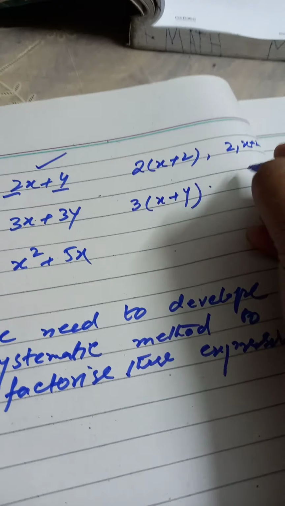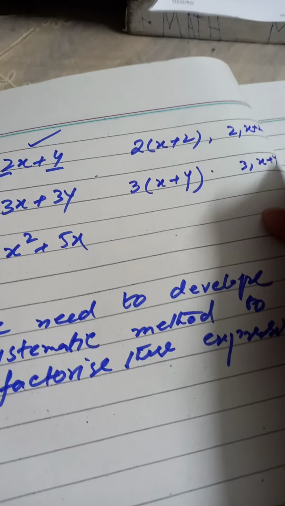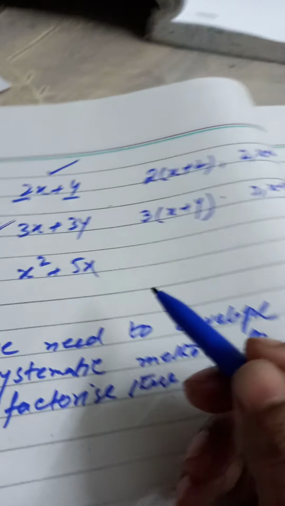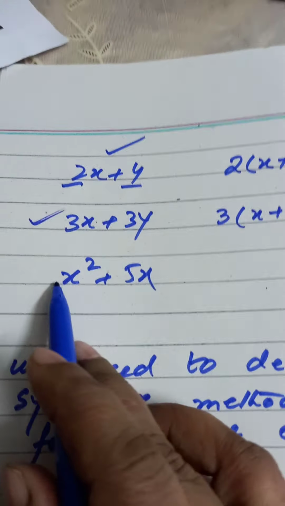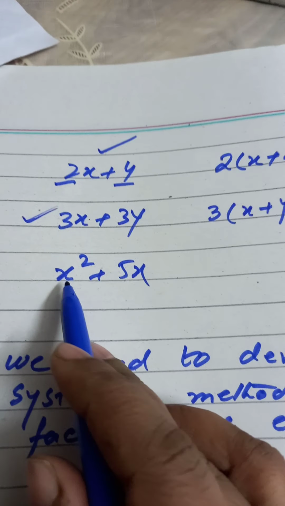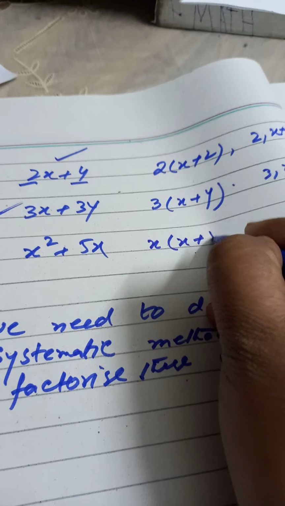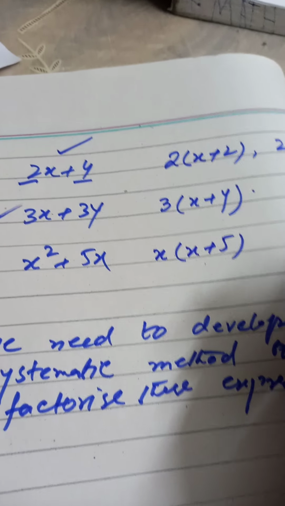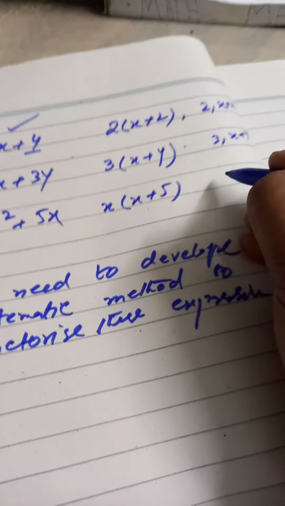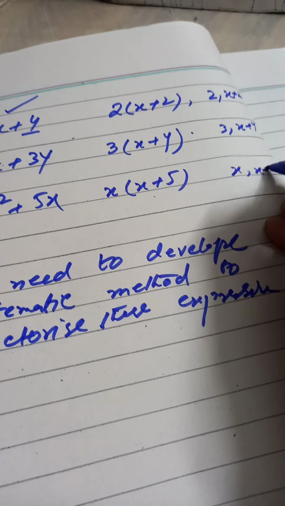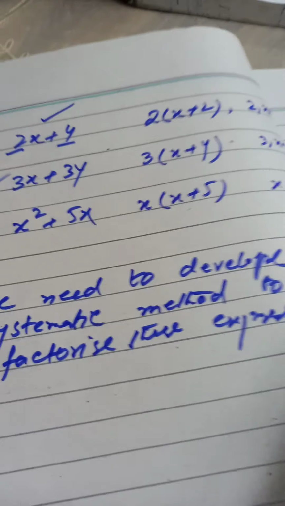So 3 and x plus y are the two factors of this expression. Here there is no number, x square plus 5x, so we take x into x plus 5. These are the two factors, x and x plus 5.